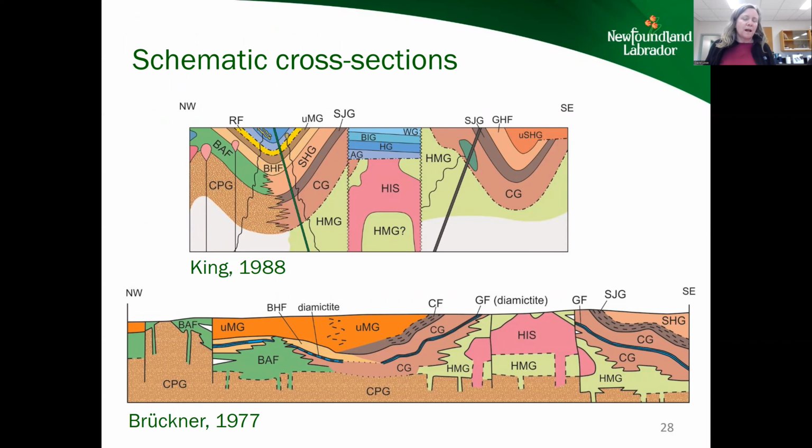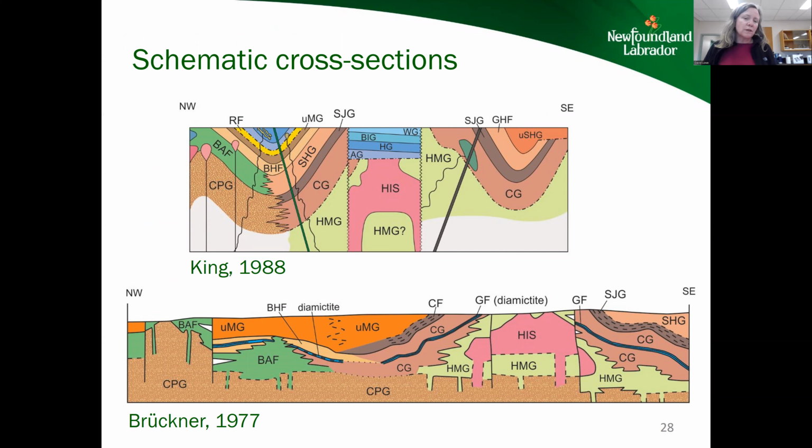So overall, particularly with the age constraints by Pu and others on the Trinity facies, we're finding that Art King's model, shown in the upper cross section here, doesn't really work, because the Gaskers, which occurs near the base of the Conception Group (CG), is the same age as the Trinity facies, which is above the Bull Arm Formation (BAF).